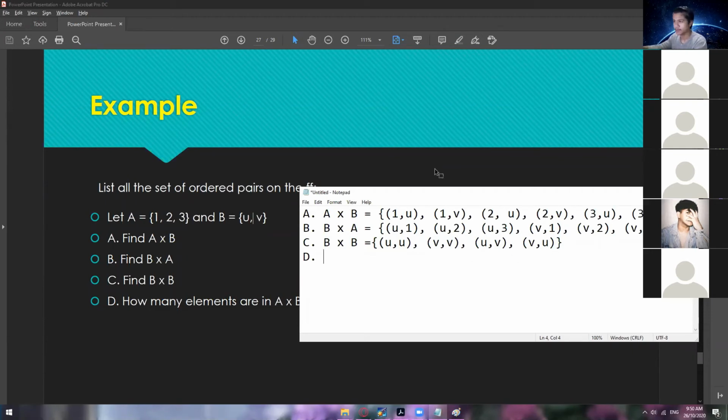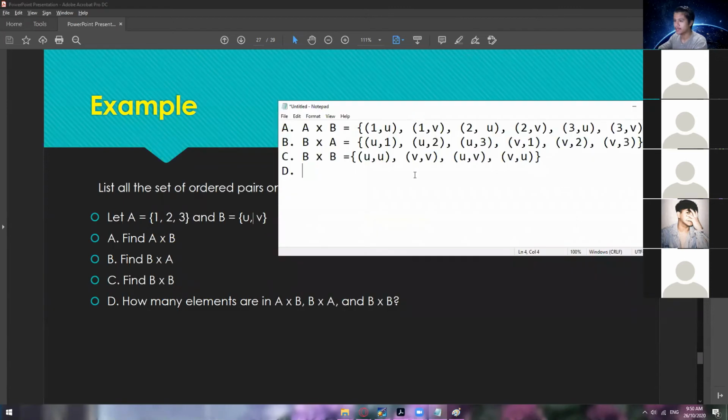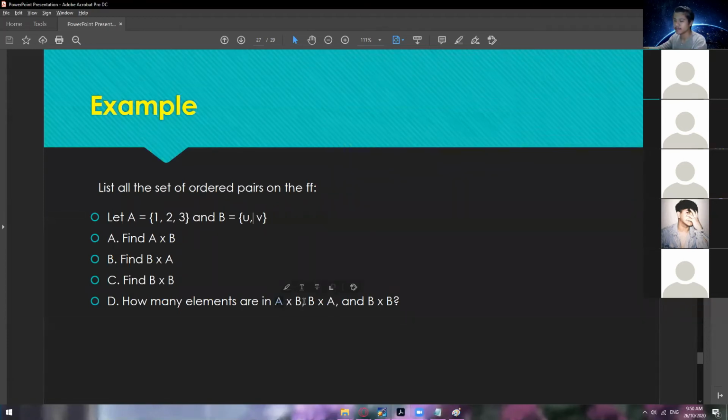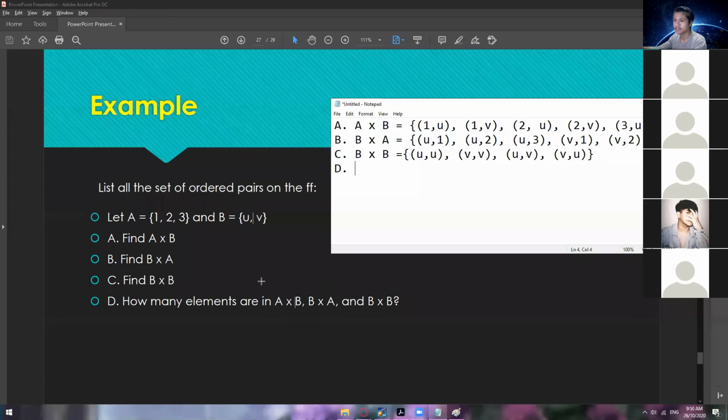Okay, how about the last one? How many elements are in A times B, B times A, and then B times B? So, para hindi kayo mahirapan dito, ang pinakamadaling way is find the count of elements of A and then the elements of B. So, meron tayong 3 elements saka 2 elements. So, for this one, ito pinakauna, 3 times 2 is 6.